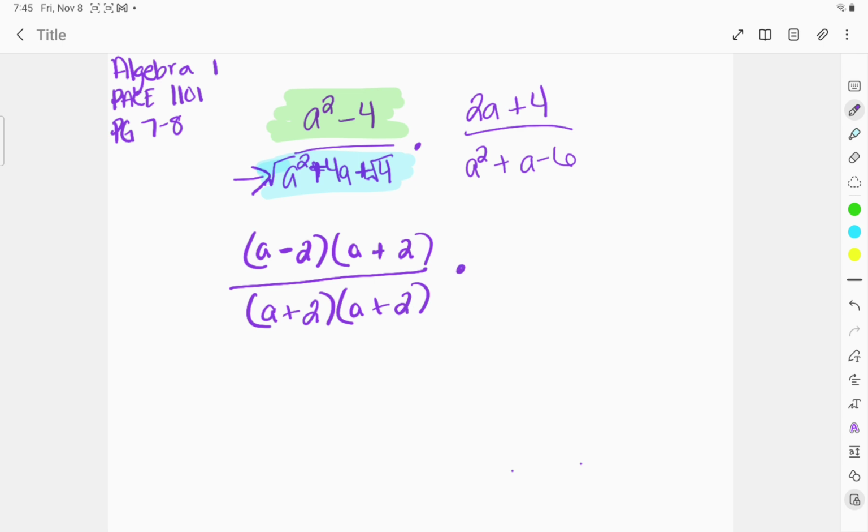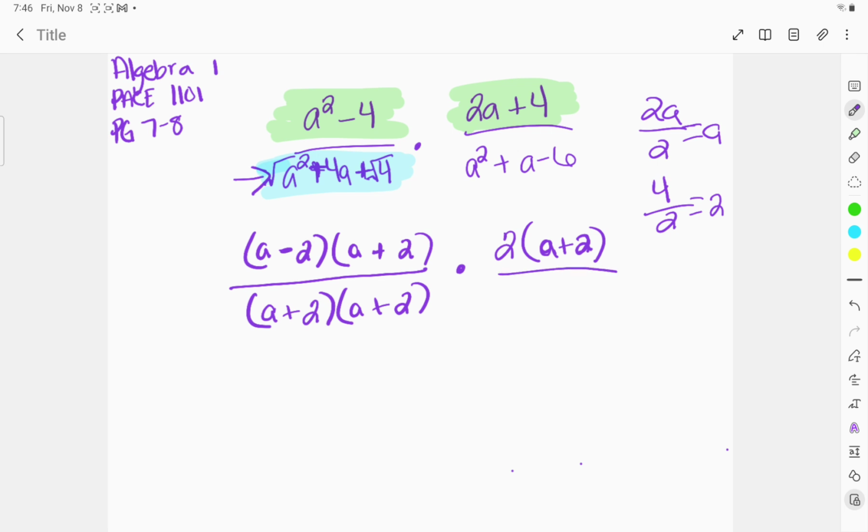We're going to multiply that by, okay, so we have 2a plus 4. So what is common between that? And that is a 2. And then a plus 2, because 2a divided by 2 leaves me with a. And then 4 divided by 2 leaves me with 2. And that is what I wrote right there.